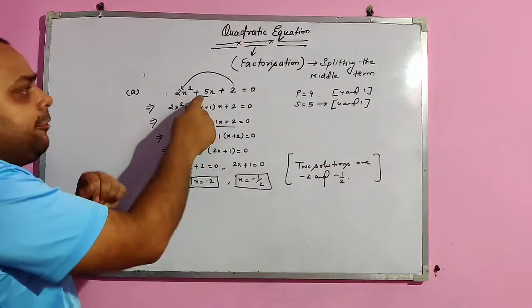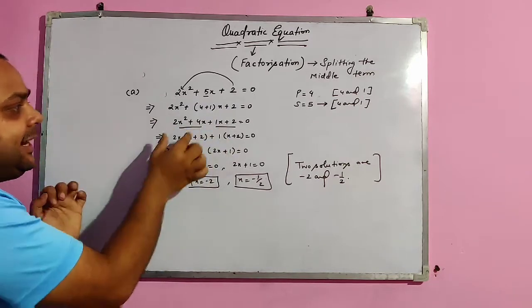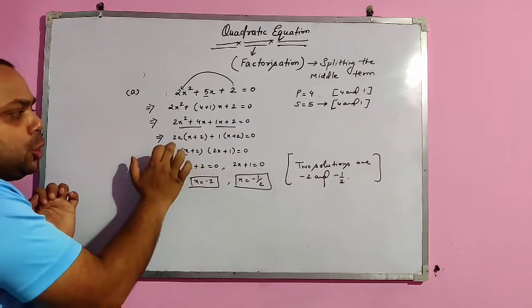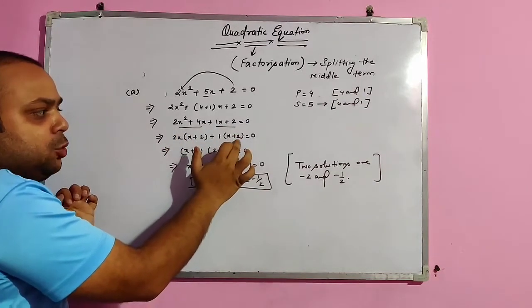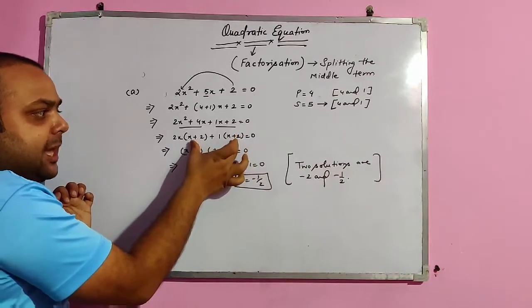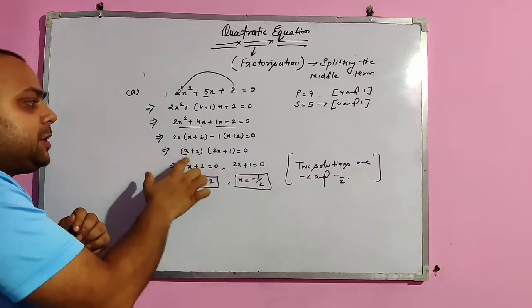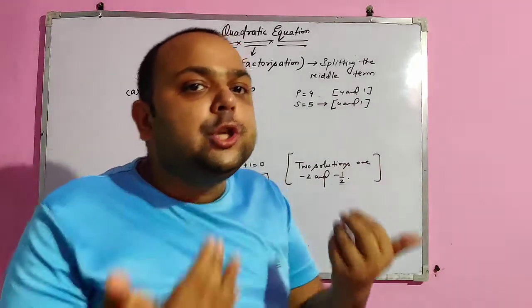So now 5 is written as 4 plus 1, taking it individually and then taking common. 2 is common here and x is also. So 2x into x plus 2. Here we have 1 common, x plus 2. These two terms should be always same. So we have x plus 2 and 2x plus 1. Equating it individually equal to 0.